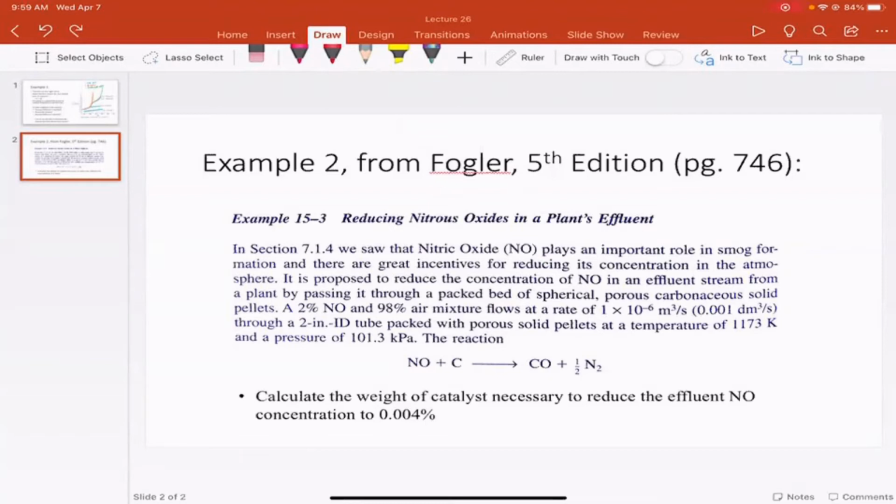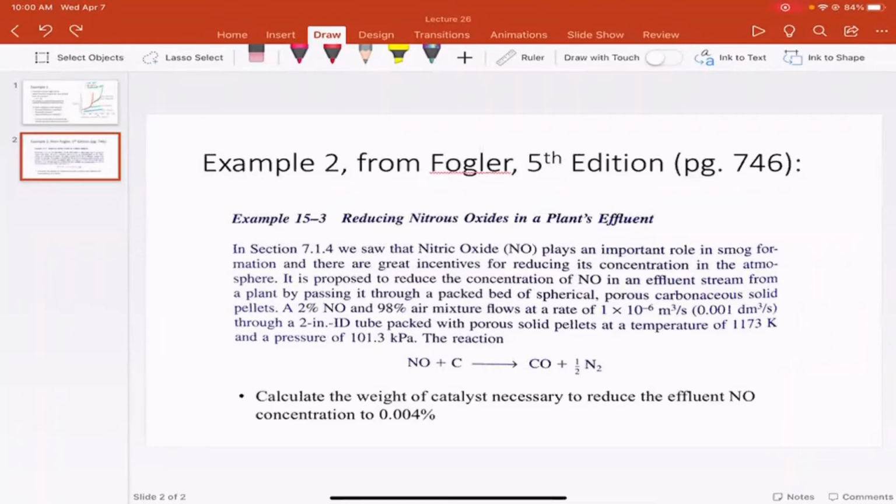A 2% NO, 98% air mixture flows at a rate of 1 × 10⁻⁶ cubic meters per second, or basically 1 milliliter per second, through a 2-inch ID tube packed bed with porous pellets at a temperature of 1173 Kelvin and a pressure of 101.3 kilopascals. So here's the reaction.